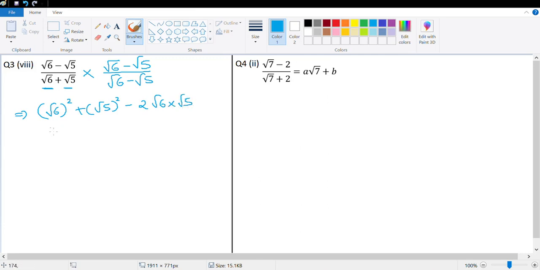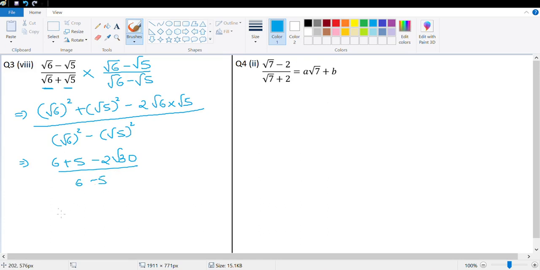And in the denominator, I have x square minus y square. So this one is simple. This is 6 plus 5 minus 2 times root 30 upon 6 minus 5, and this is equal to 11 minus 2 root 30 upon 1, but which is in the denominator we don't need to write. So that's the answer. Let's look at question number 4 part 2.